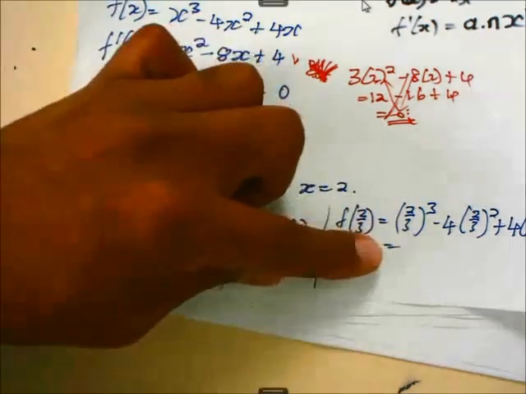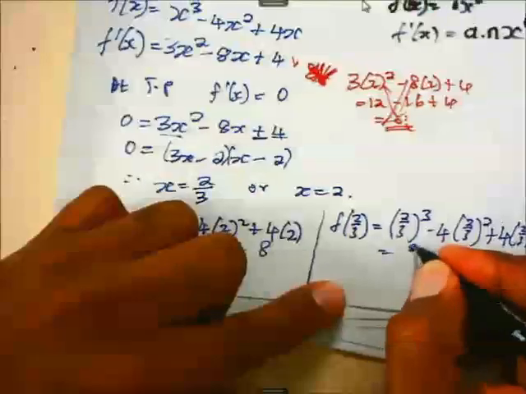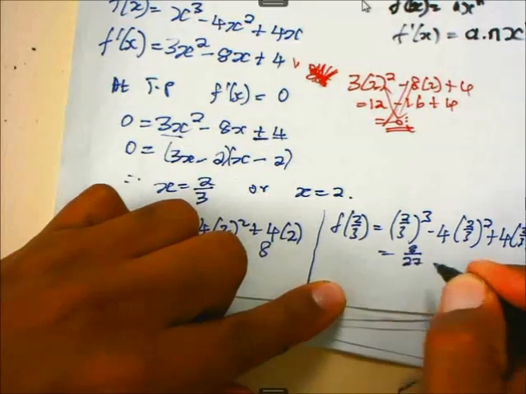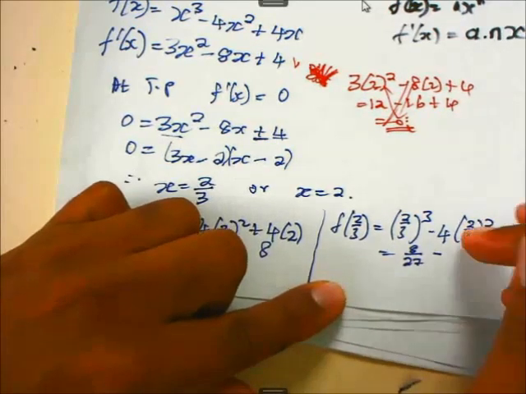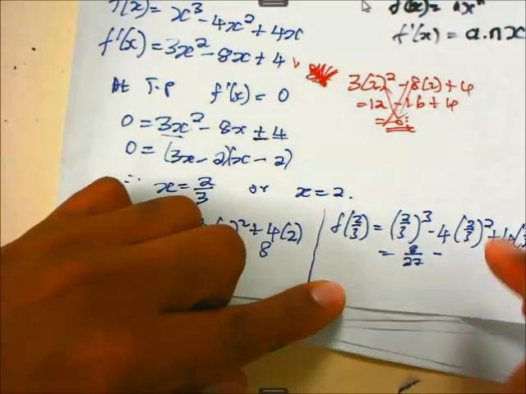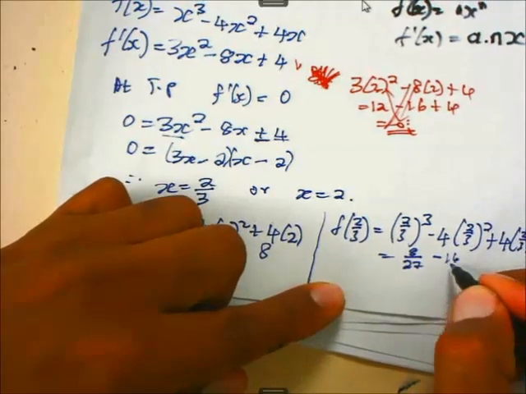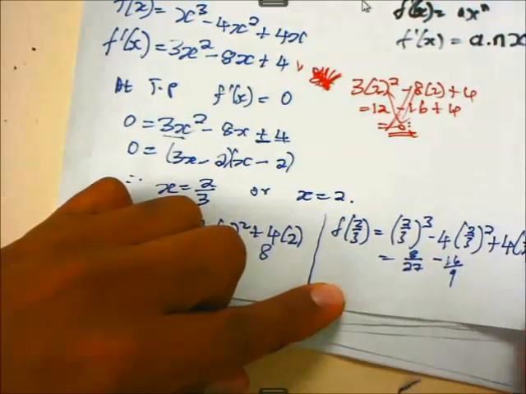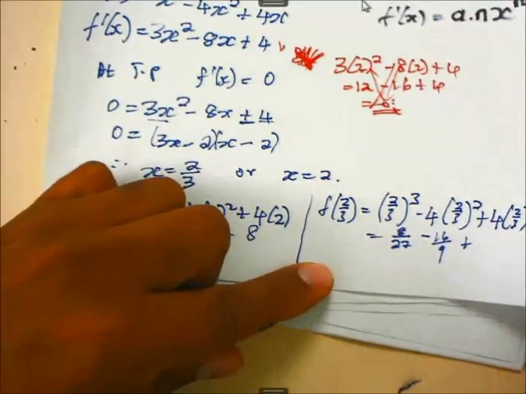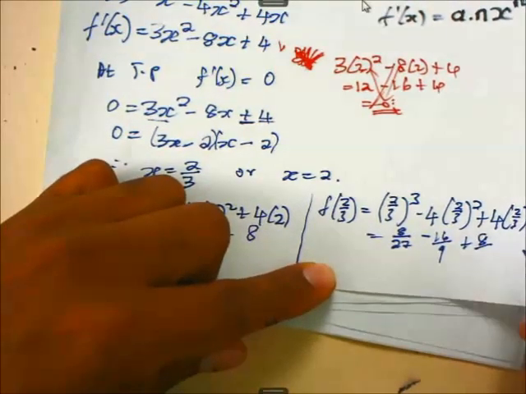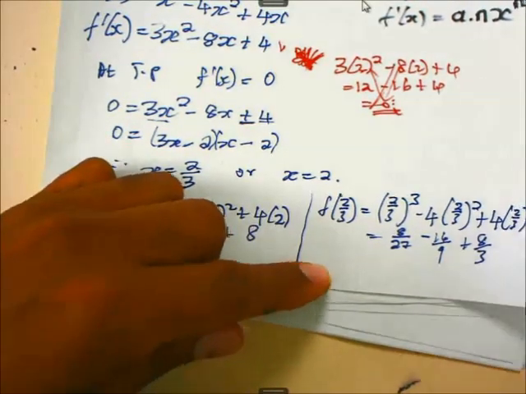That will be 8 divided by 27 minus 4 times 4, that is 16 divided by 9, and this is going to be plus 8 divided by 3.